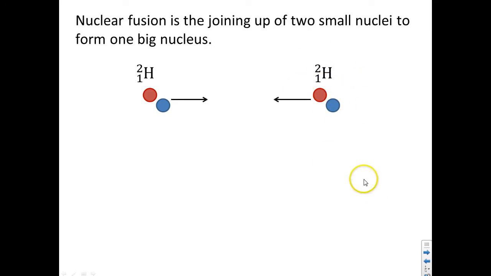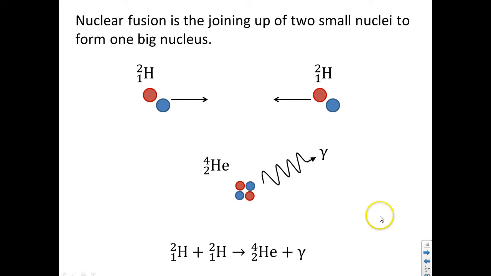If we slam them together at high speeds, we can actually form a helium atom with 2 protons and 2 neutrons. And when we do, we also release energy in the process, so there's a mass deficit. And we can write the reaction this way: a single hydrogen plus another hydrogen reacts to form a helium nucleus plus a gamma photon.